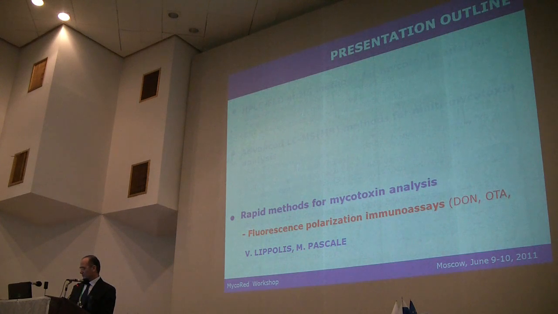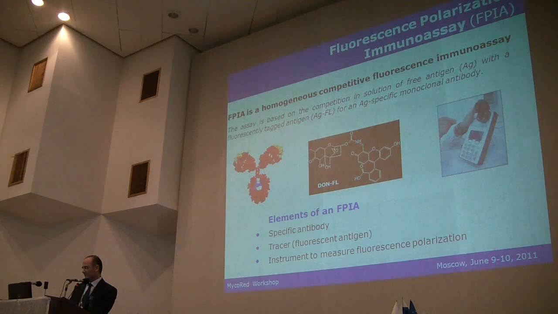In addition, we have some experience with fluorescence polarization immunoassay. Fluorescence polarization immunoassay is a homogeneous competitive fluorescence immunoassay. This afternoon, Professor Guerrier will talk in more detail about this technique.